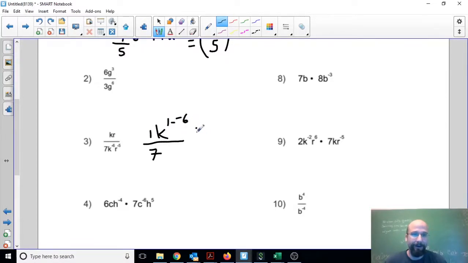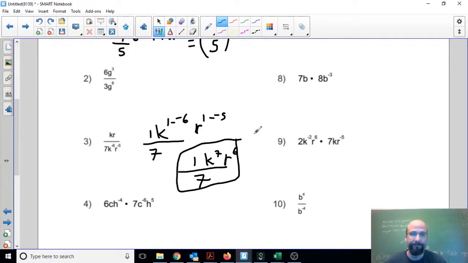And then r, 1 minus negative 5. So we're going to do all this math for the next step, all the subtracting. This is going to be k to the 7th and r to the 6th. And that's the final answer. There's nothing to simplify here.